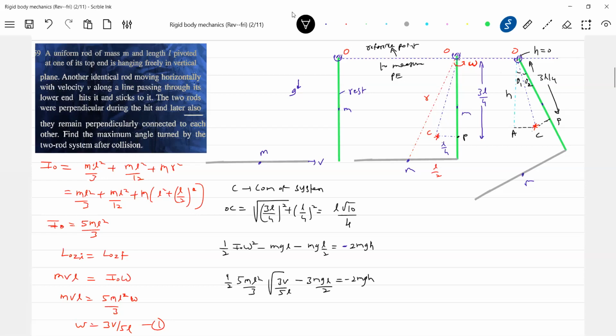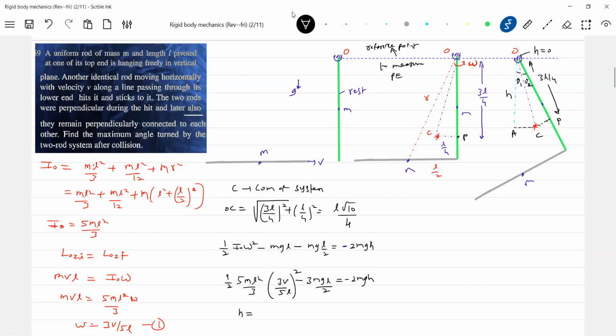Sir, why did you take root? Omega square, no? Oh, wait, yeah. Okay, sir. Half into I naught is how much? 5 ml square by 3.